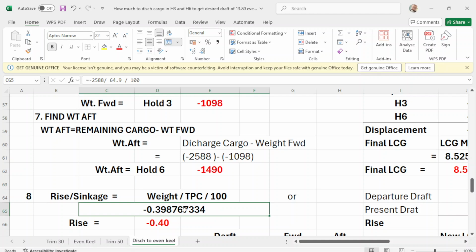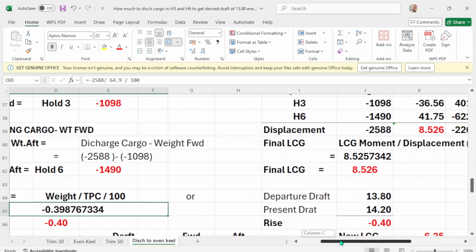Here, you see the formula. This is your weight of negative 2558 divided by your TPC of 64.90 divided by 100, and this will be your answer of rise, and that will be negative 0.40.